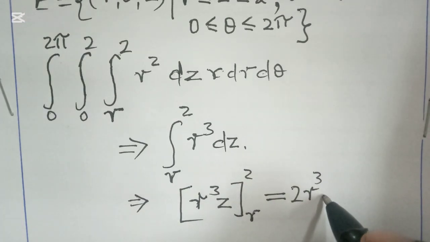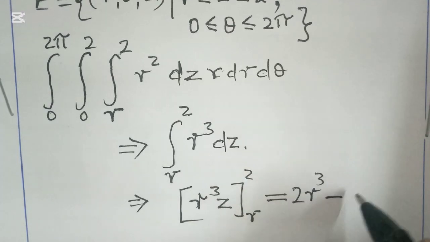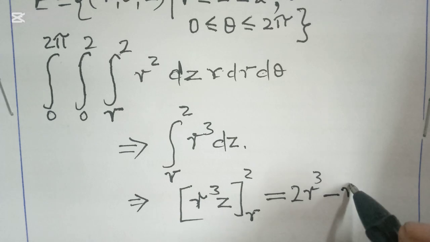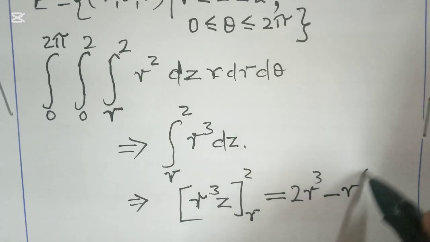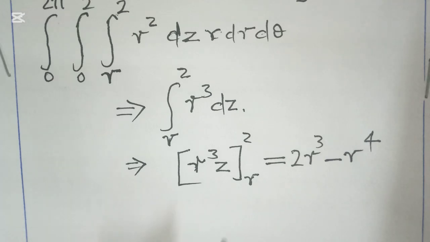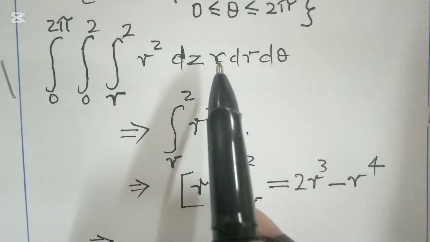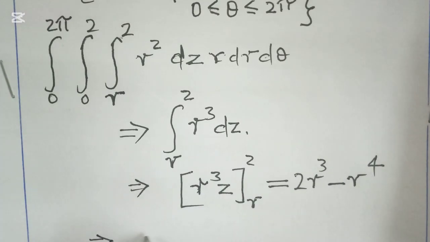This one is minus, this one we have r, so this r is going to be r raised to 4, like that. So guys, from there we come and now integrate once again. Now with respect to dr, so we shall have something like this.